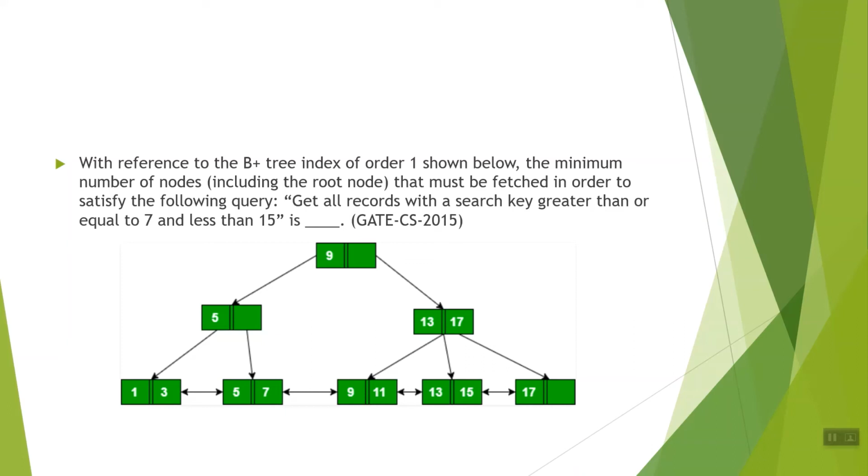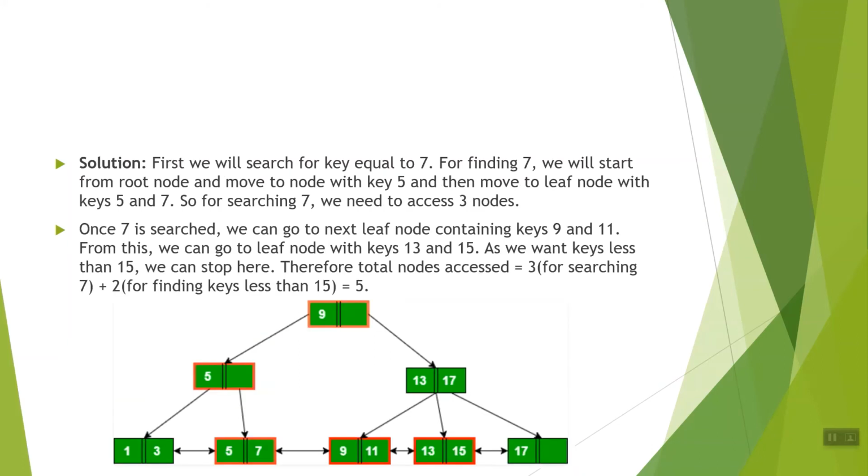In that case 3 nodes would be traversed, but if we traverse through the leaf nodes, then only 2 nodes will be traversed, that is 9 11 and 13 15. So the total traversal will be 5 nodes, and that is the answer.